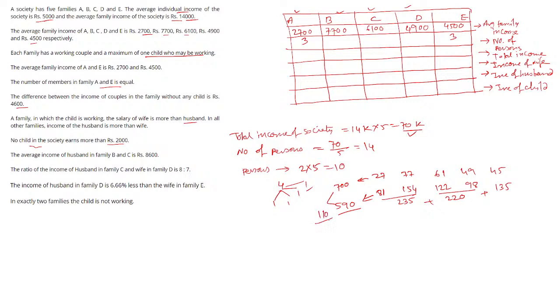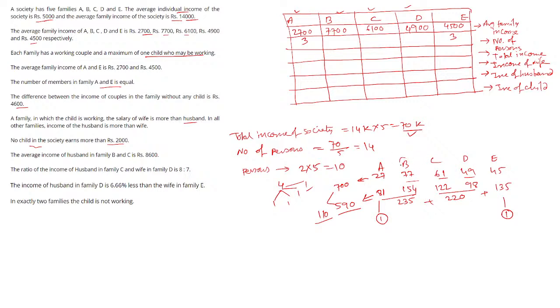And what is left is 110. We have already taken a child in families A, B, C and D, and in E there is also one child. Now in these 3 families, only one family does not have any child. Try to find out which 2 values out of 77, 61, 49 sum up to 110: that is 61 and 49.